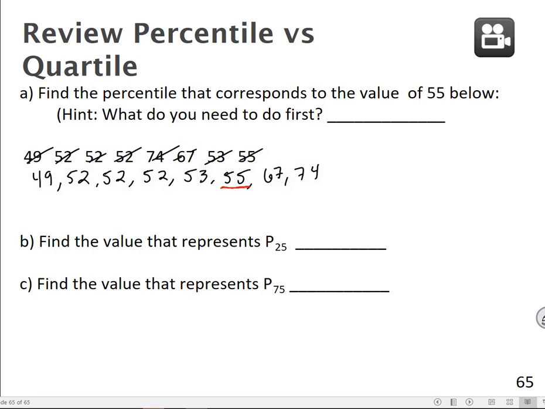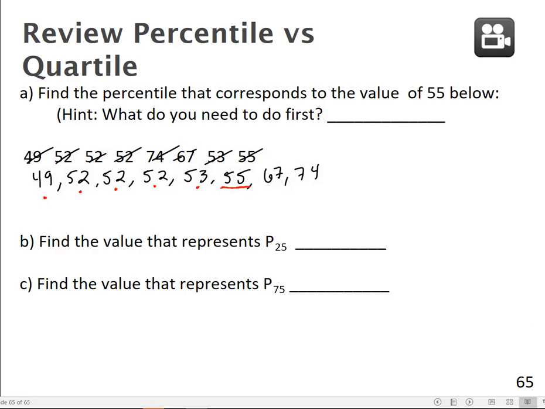And then I'm going to count the data values that are less than 55. Starting with 53, 1, 2, 3, 4, 5. So I have 5 values less than 55.